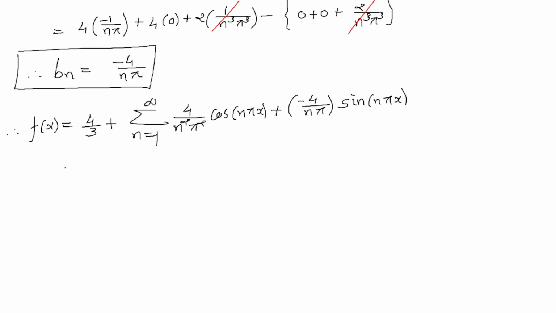Right? If you want, you can take 4 common from the summation quantity. You can take pi common also. So this is 4 upon pi, summation n equal to 1 to infinity, we have taken 4 common, so this is 1 upon pi n square cos n pi x minus 4 upon pi we have taken common, so 1 upon n sine n pi x.